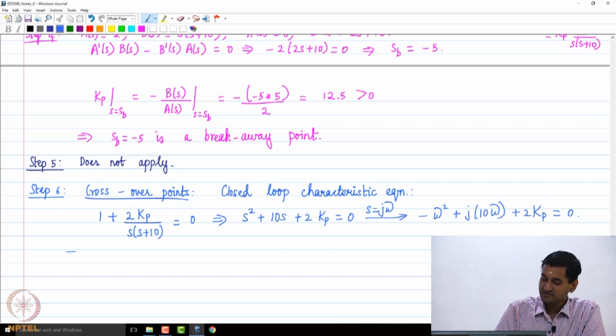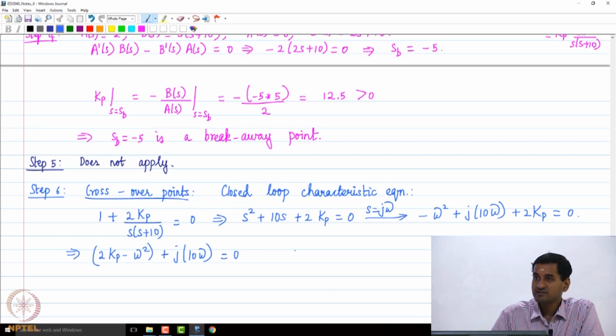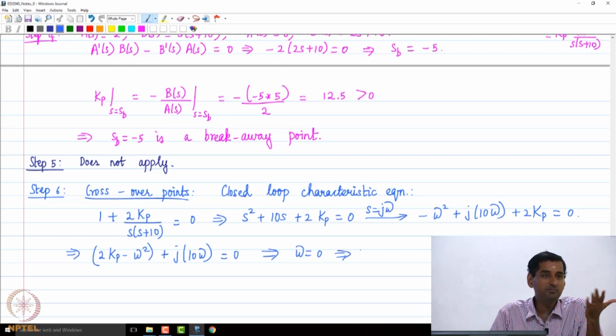So this gives us (2Kp - ω²), that's the real part, plus j10ω equals 0. This immediately implies, from the imaginary part, that ω = 0 is the only possibility, that means the origin. But already we know that the open loop pole is at the origin.